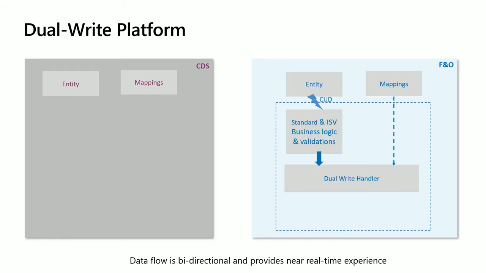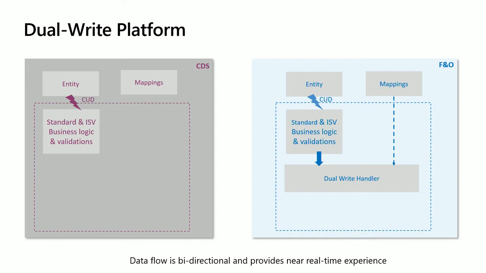I will show you in the demo, where if a CRUD is happening on the FNO side, similar to CDS, the standard business logic or any ISV validations that you have in place will automatically kick in, and then the dual write handler that we are releasing would be able to sense that operation, make use of the mapping in place, and send the information back to CDS. CDS will try to mimic the same, and when things are good, a commit event will happen.